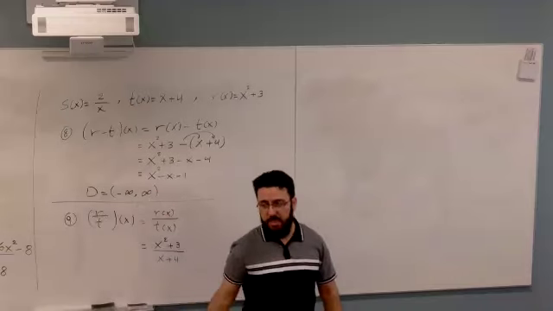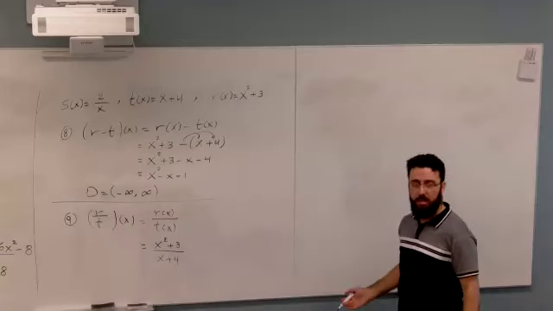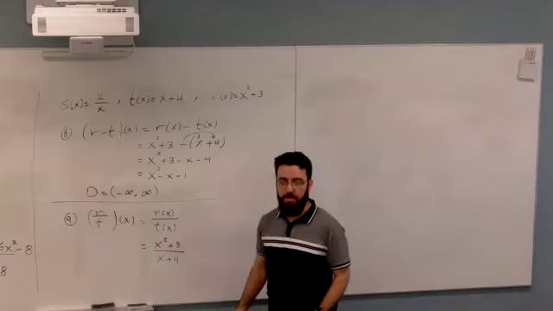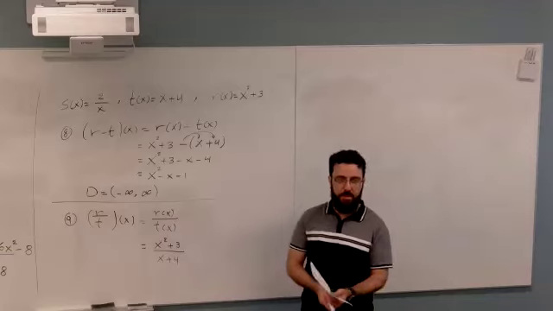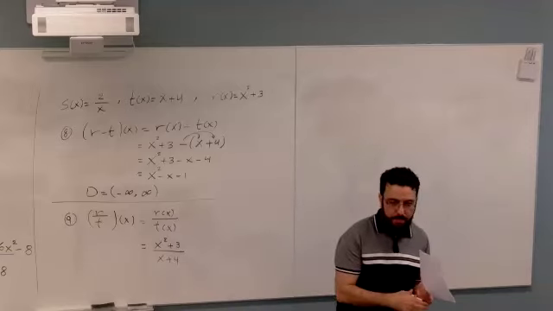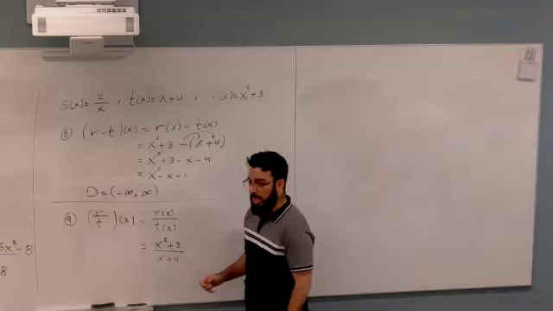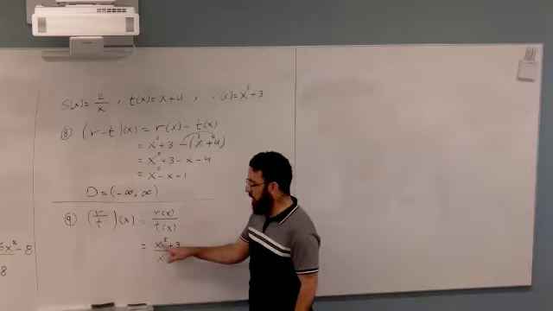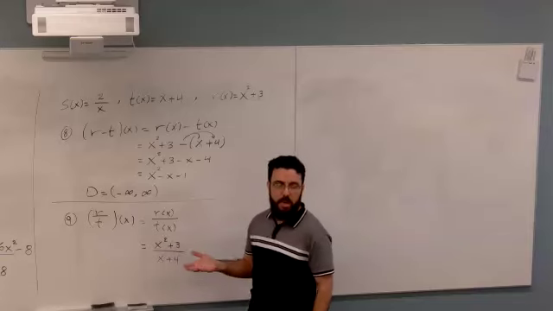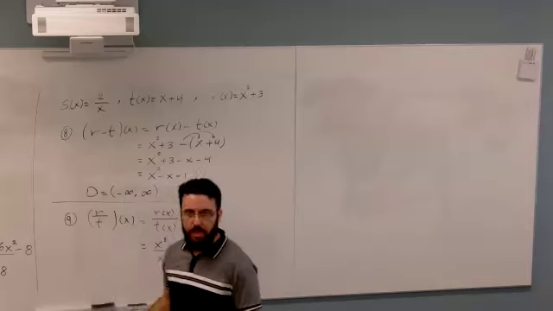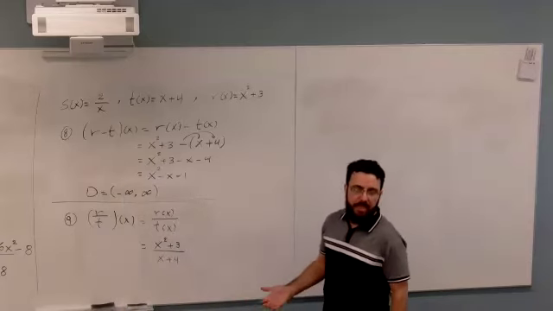Can you simplify it? Can you factor one of them? You can't, because it's a binomial. The only way to factor a binomial is when we have a difference between two squares, or if we can find a greatest common factor.